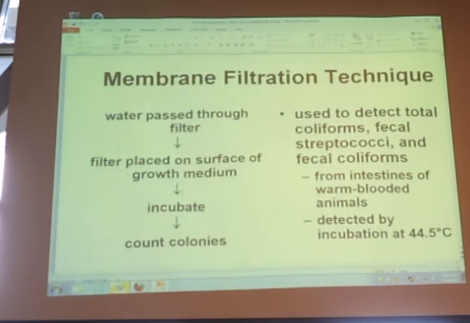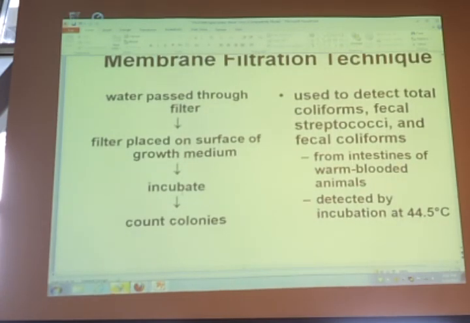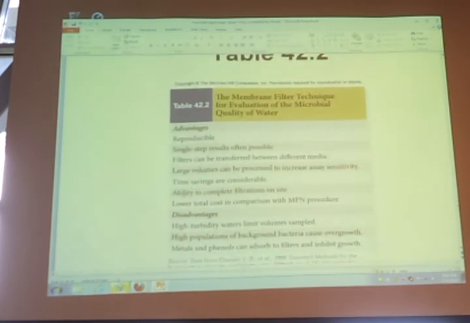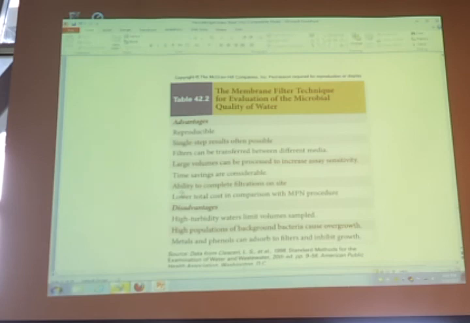And I mentioned some other ones in lab too. But in membrane filtration, this kind of gives some of the advantages and disadvantages. You can filter larger volumes of water. You can save time, which is really important.